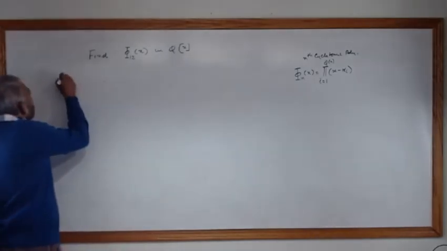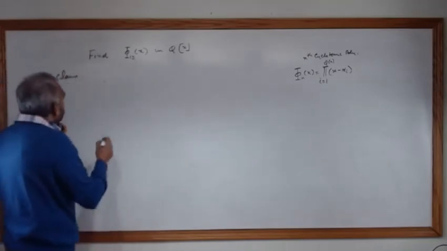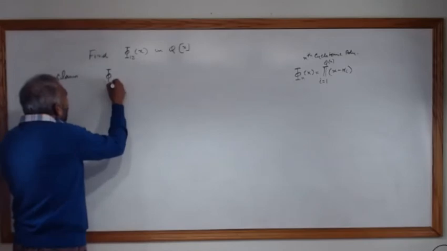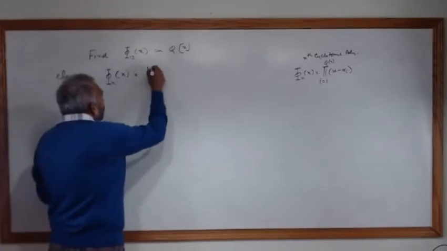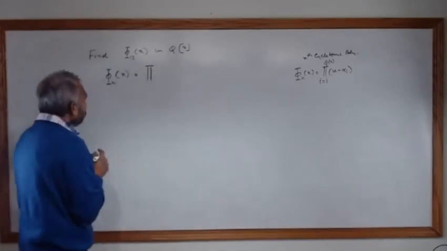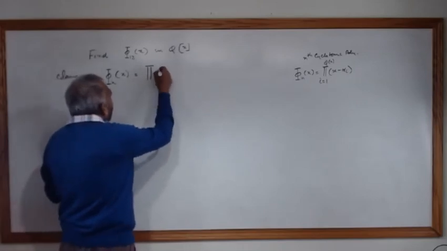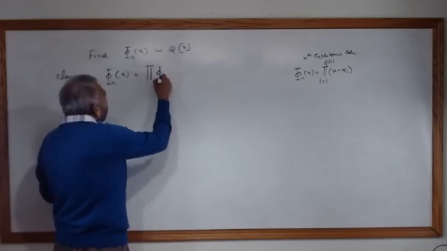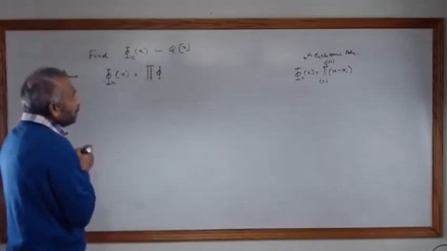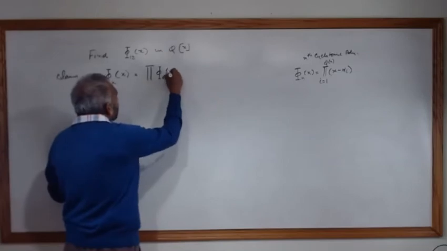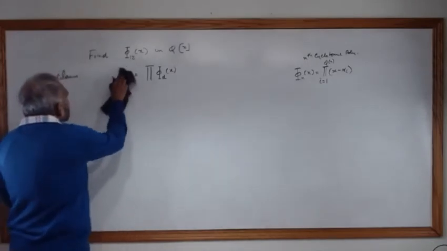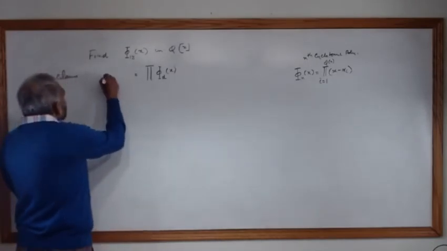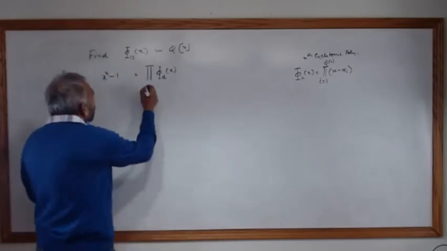So the first claim is this: x^n minus 1 is equal to the product of all cyclotomic polynomials phi d of x, where d divides n.